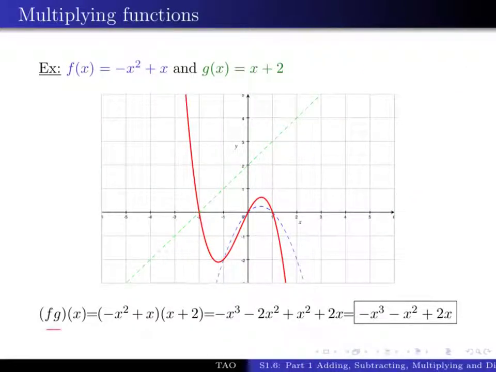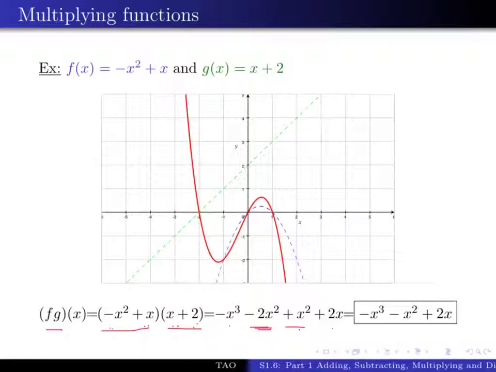So f times g is going to be our f function times our g function. We can FOIL this out. Negative x squared times x is negative x cubed. Negative x squared times 2 is negative 2x squared. X times x is x squared. X times 2 is 2x. Now, we can combine our squares.